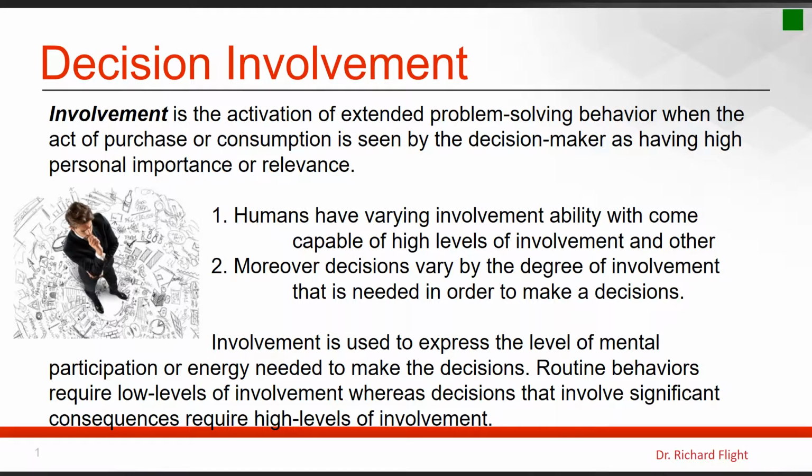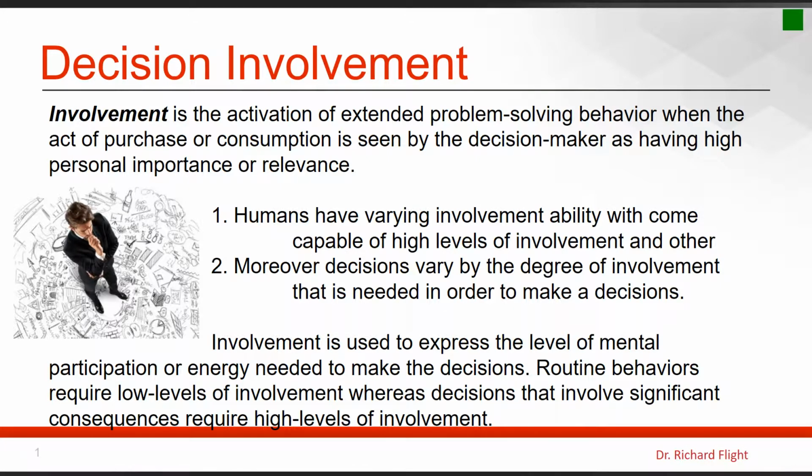Humans have varying involvement levels in terms of their ability or the resources available to them. And decisions also tend to vary in the degree of involvement required in order to make them. Some people are able to contemplate decisions better than other people, and different decisions require different levels of involvement.